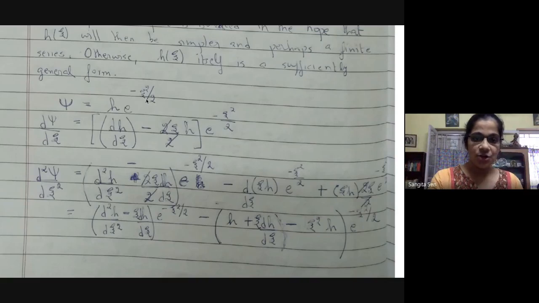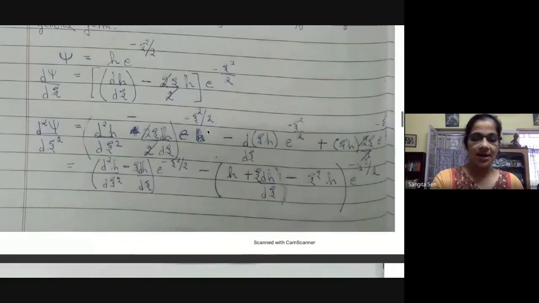Then when I differentiate e to the power minus xi square by 2, I get minus 2 xi by 2, and h remains as it is. Again, you get back the exponential form, so that can be taken common, and you get the first derivative of psi with respect to xi.